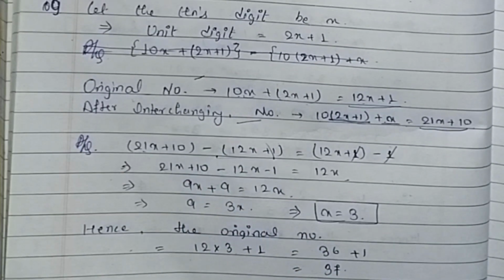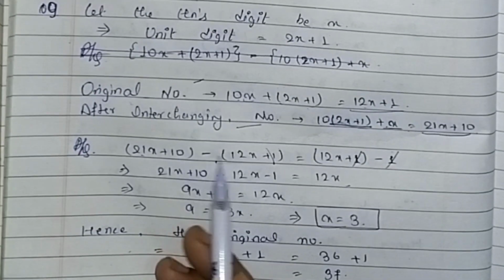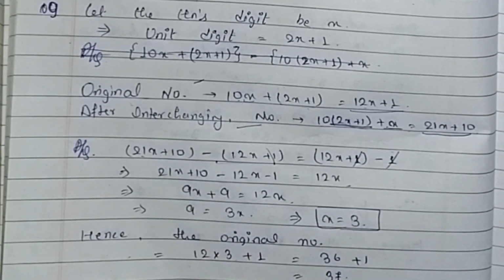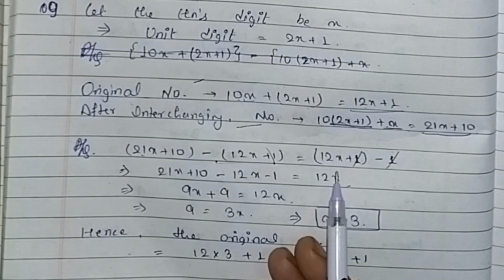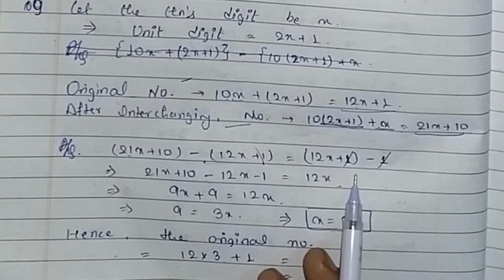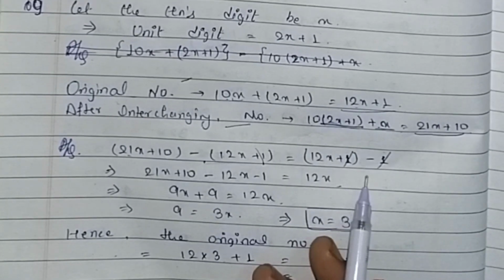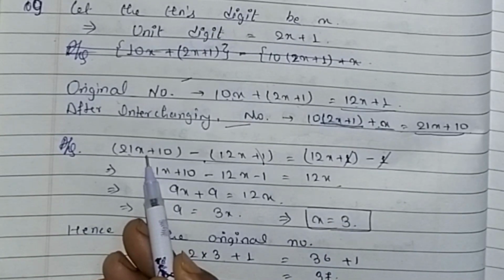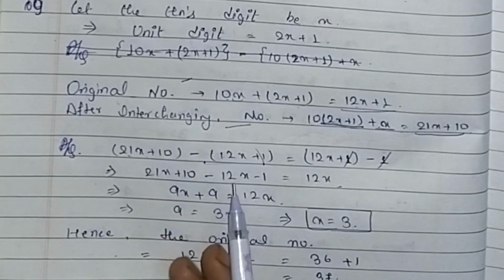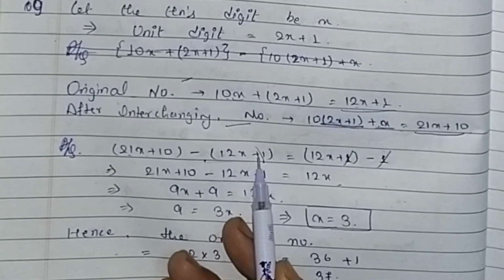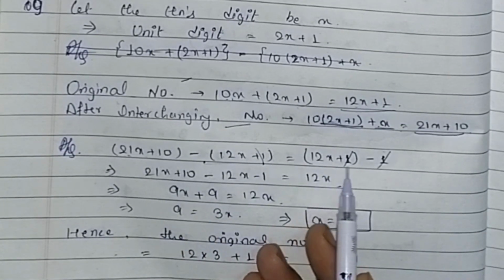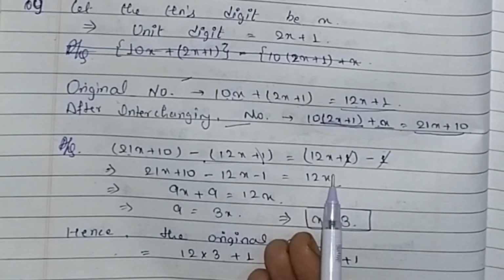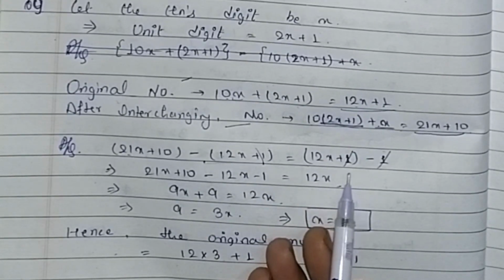The difference between the two numbers is less than the original number by 1. So the difference between these two numbers will give the result as original number minus 1. According to the conditions in the question, we have made our final equation, which is 21x plus 10 minus (12x plus 1) equals 12x plus 1, our original number, and the result is 1 less than the original number.